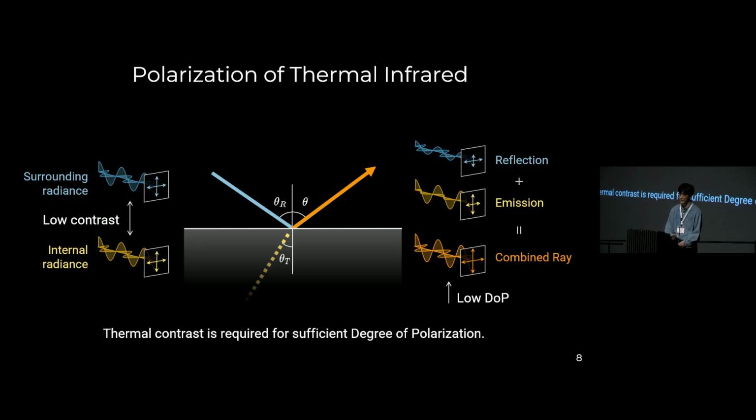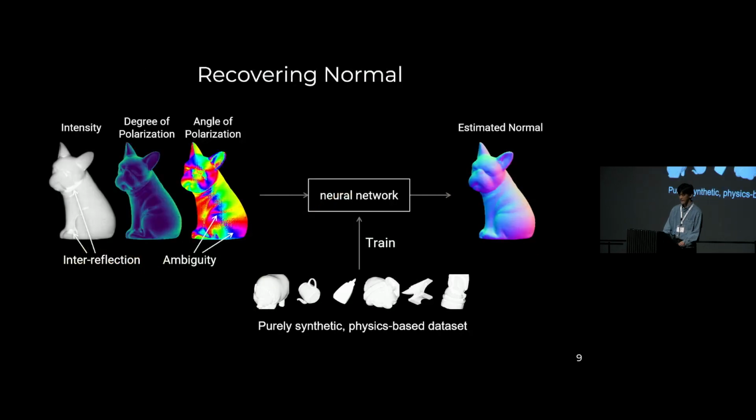Conversely, if there is thermal contrast, we can obtain the shape information through the polarization state, and based on this model, we can reconstruct the shape of the object. We can estimate normals directly from this model, but some challenges remain. For instance, an ambiguity in the azimuth angle can lead to incorrect estimation, especially in concave regions.